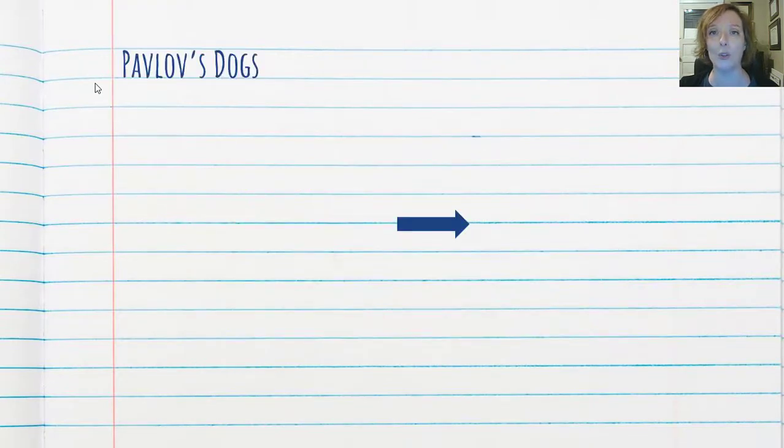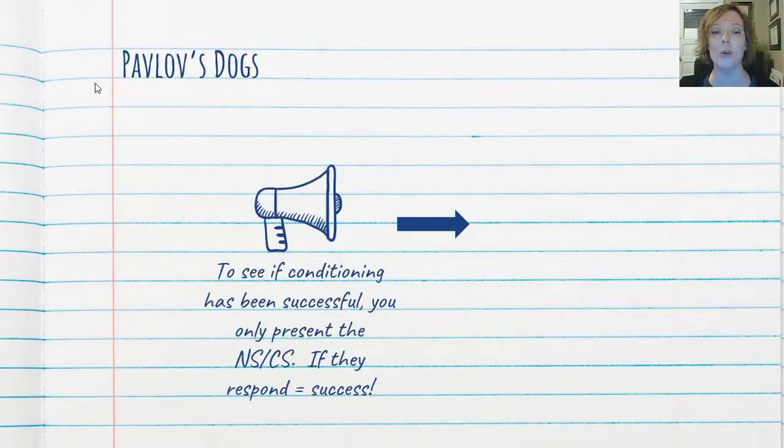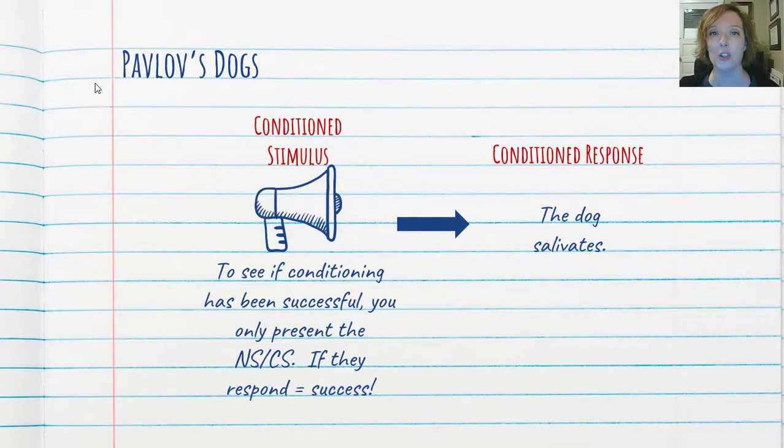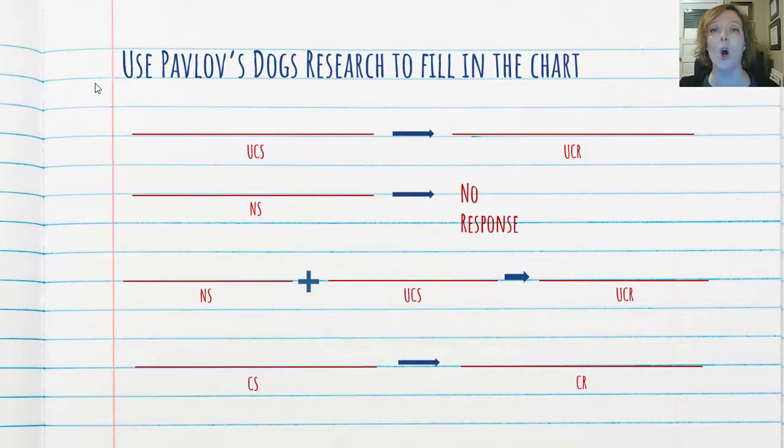So going back to our example, if conditioning was successful, you only present the stimulus that did not have an original reaction. If they respond, there's success. So the bell or the tuning fork is now the conditioned stimulus because there has been an association. The dog salivates, that is a conditioned response. Learning has occurred.